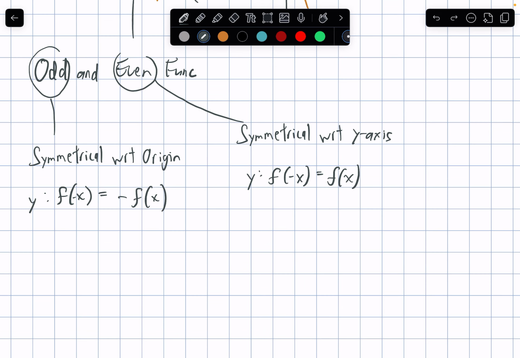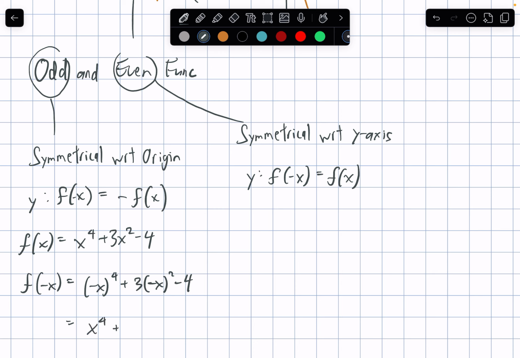So what's an example? Let's say we have the function x raised to 4 plus 3x squared minus 4. So what is the... Sorry, I was about to write derivative. My bad, force of habit. Negative x raised to 4, plus 3 times negative x squared, minus 4, is going to be equal to x raised to 4 plus 3x squared minus 4.